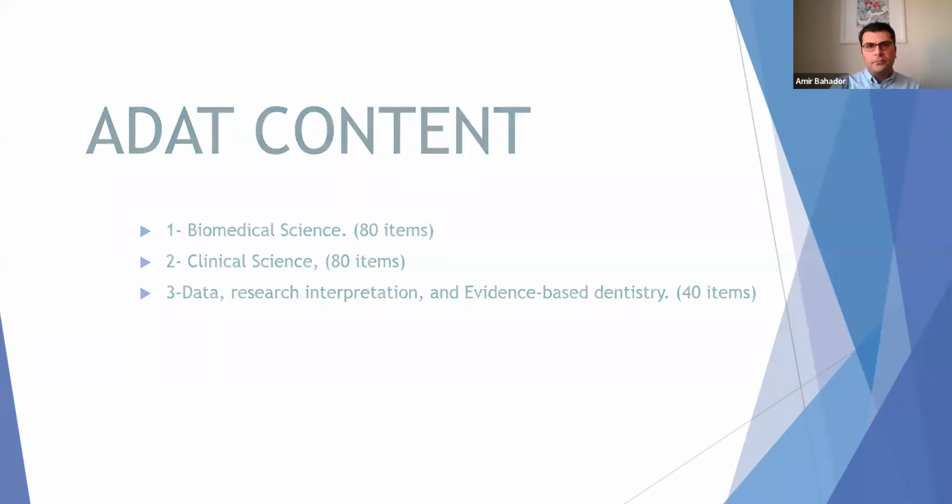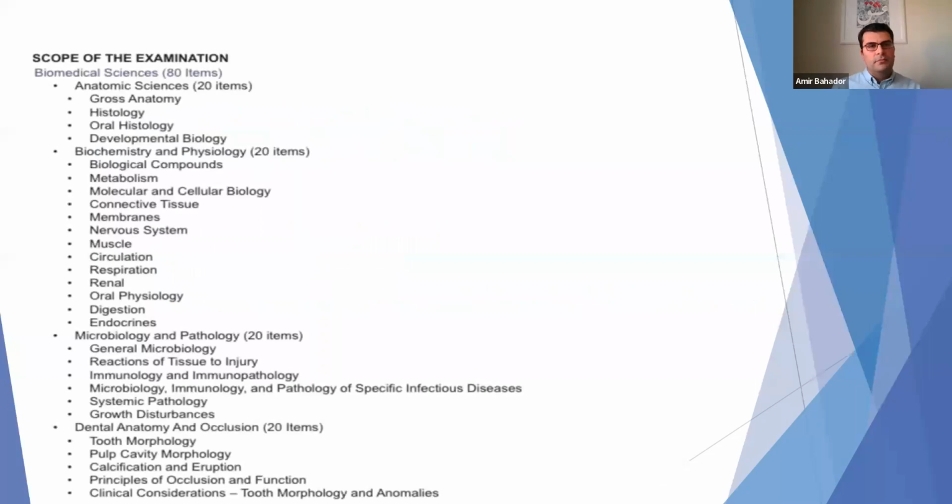As I told you, the first 80 questions of the exam are about biomedical science. As you can see, in biomedical science we have 4 categories: anatomic science, biochemistry and physiology, microbiology and pathology, and dental anatomy and occlusion. Each has 20 questions covered in this part.